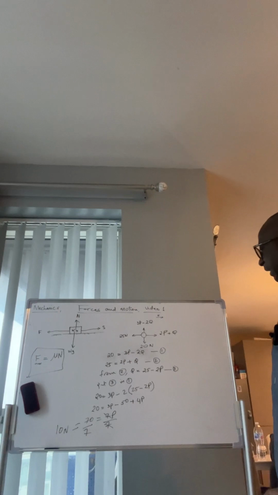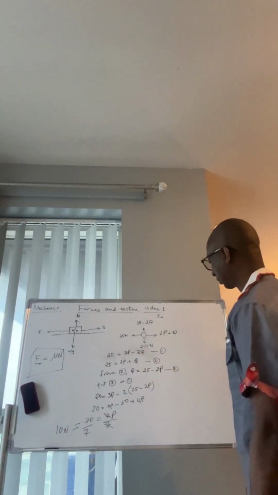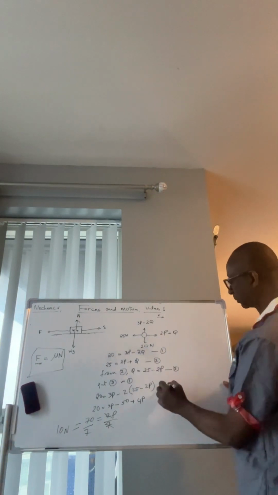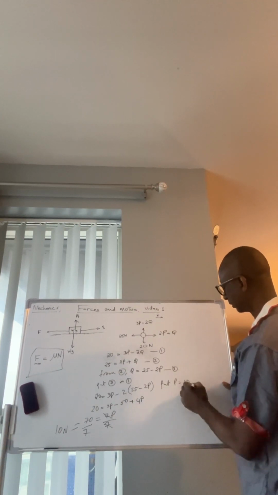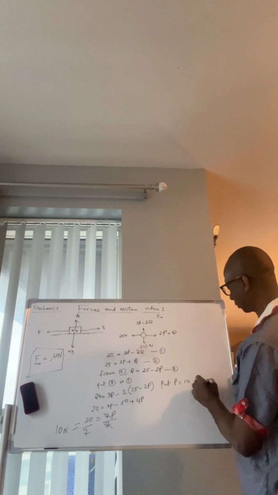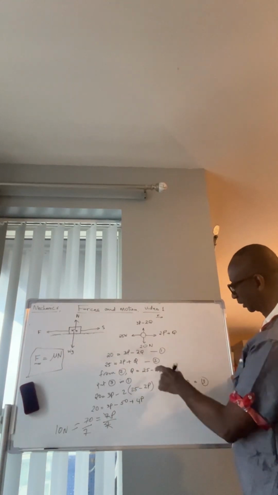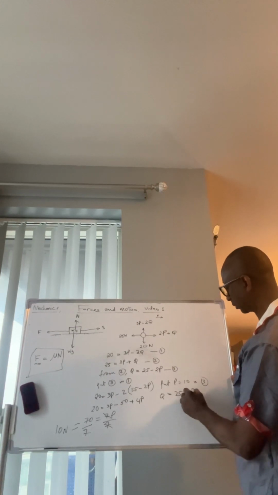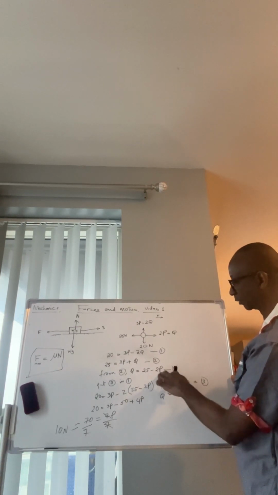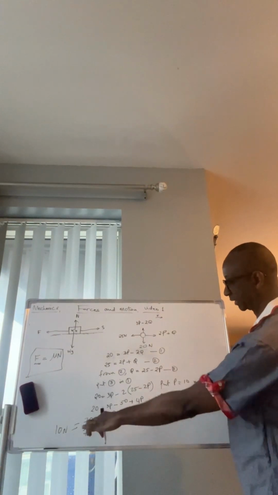So if P is 10, you now come to this equation. So put P equals 10 in equation 3. Equation 3 says Q equals 25 minus 2P. Instead of P now, you have 10.